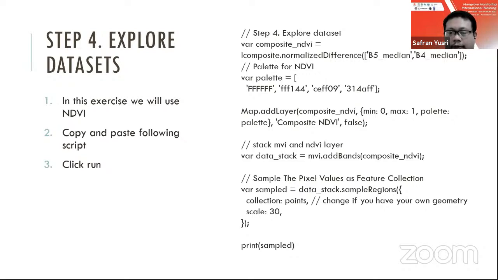You have to stack the 2 layers in order to find out their correlation. Then the next step is to sample the pixel values as a feature collection, where the data stack, which is the stacked MVI and NDVI layer, is sampled using the feature collection called points that we declared earlier, with a scale of 30.